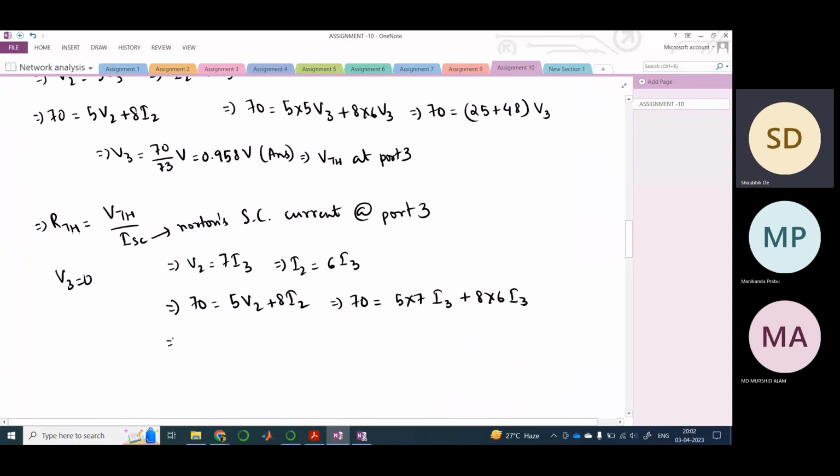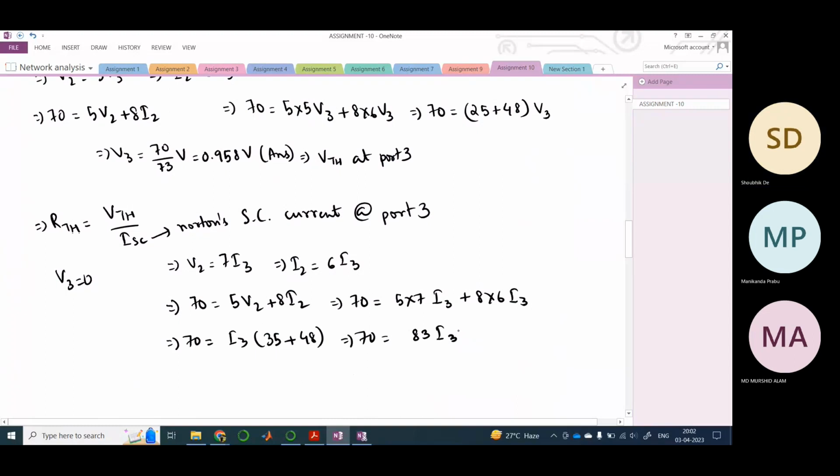Therefore this becomes I3 times 35 plus 48, this is 83, I think. Right. So can anyone tell me what is I3, 70 by 83? Calculate quickly.